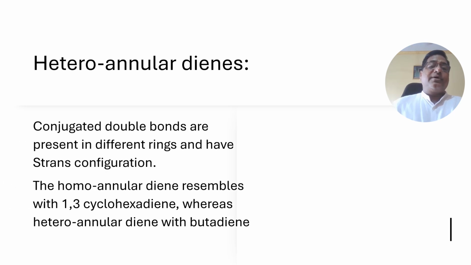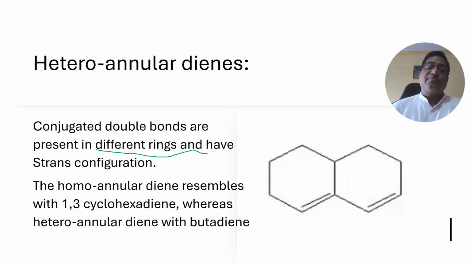Now we go to the heteroannular diene. In the case of the heteroannular diene, the two double bonds are present in different rings. They are not in the same ring, and that is the reason the transoid system can be observed. Generally this base value is 214 nanometer.